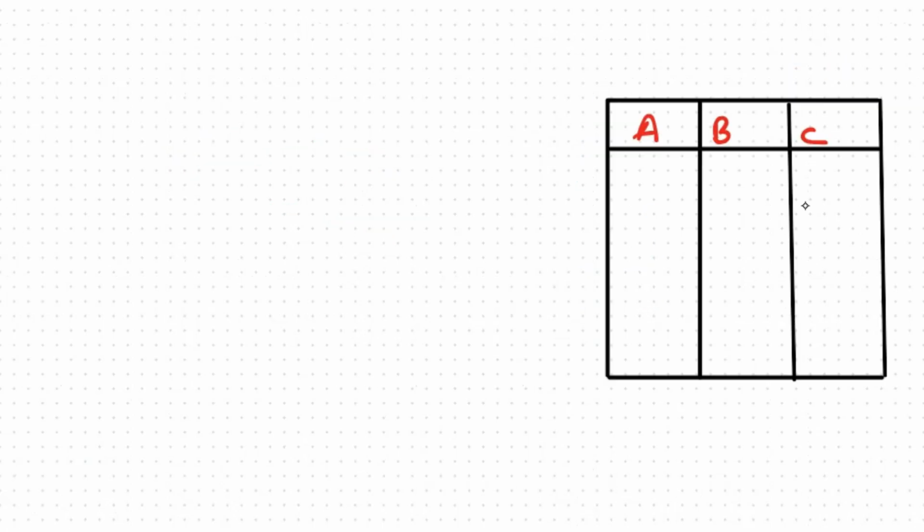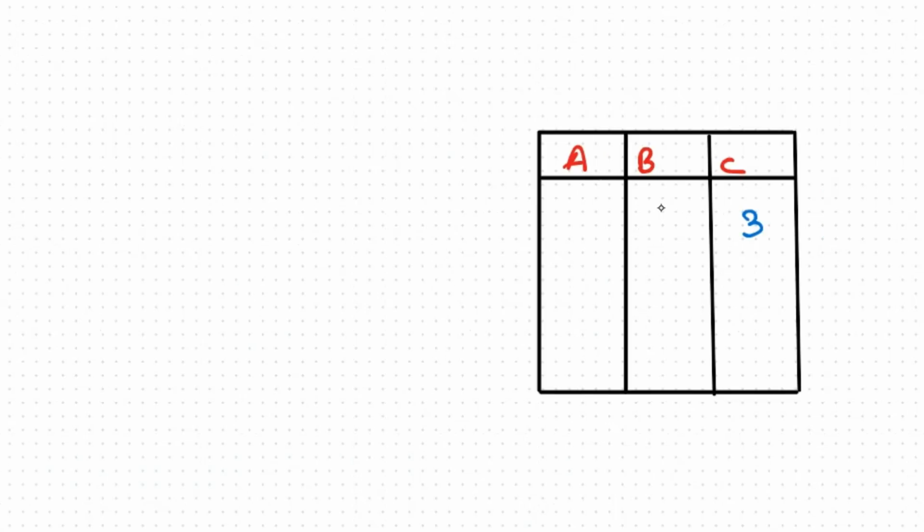That's it. Now let's take the number of students in group C to be 3. Then the number of students in group A and B will be 7. Let's see the possibilities. 1 and 6, 2 and 5, and so on, up to here it will be 6, here it will be 1.